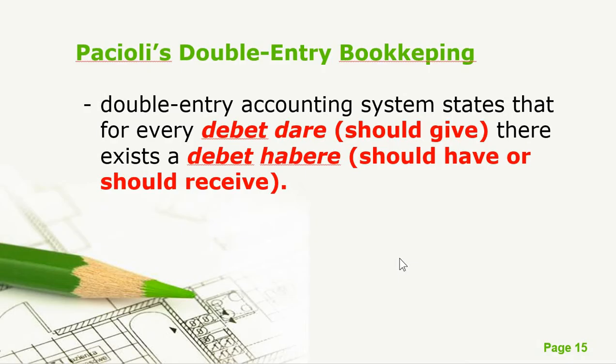So it's always a two-way transaction. You have given out and then you have received also something. So that's a give and take na relationship. So that's double entry accounting system. So dapat dalawa, at least two accounts are affected by a business transaction.